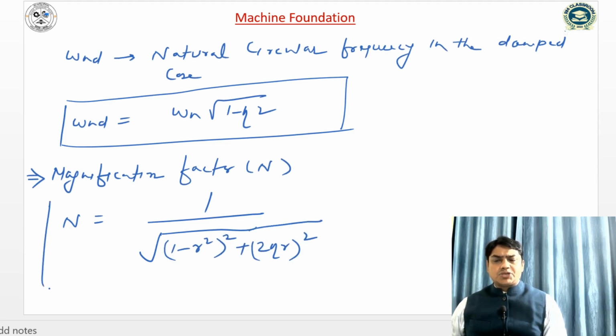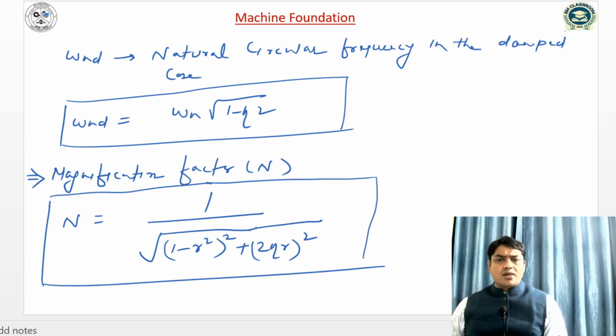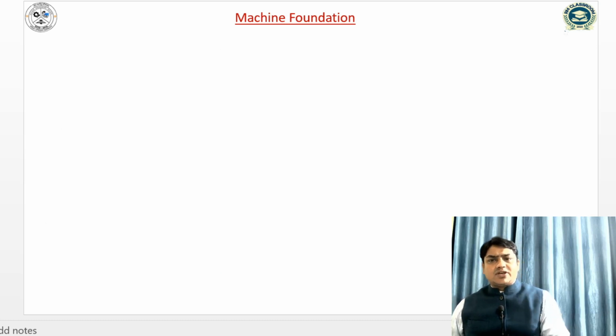So this is the expression of magnification factor, where r is the frequency ratio and eta is the damping ratio, and with the help of this we can write the magnification factor.